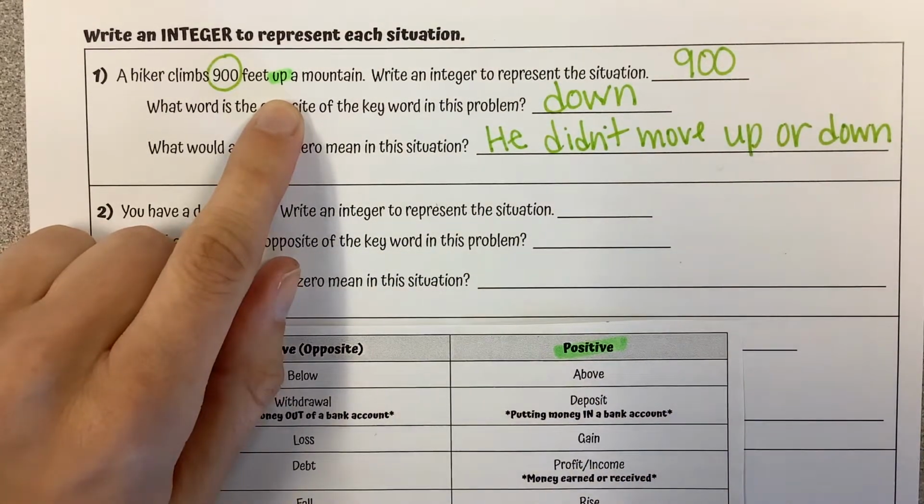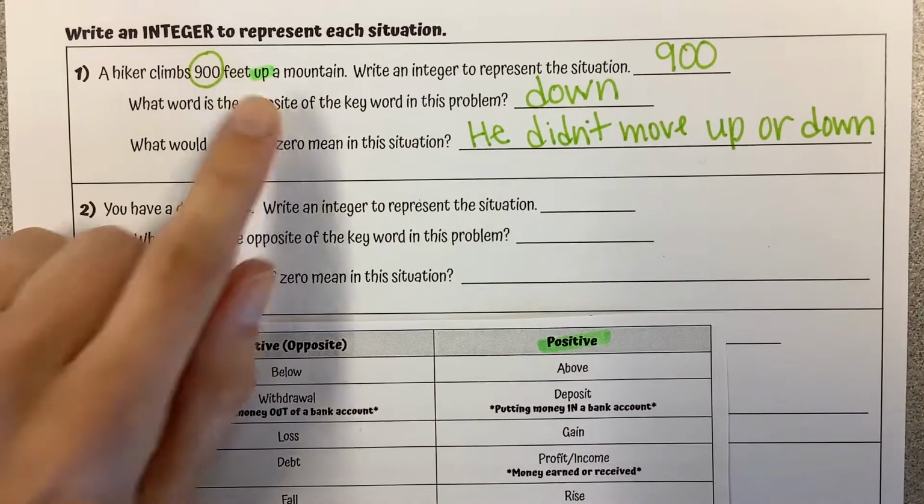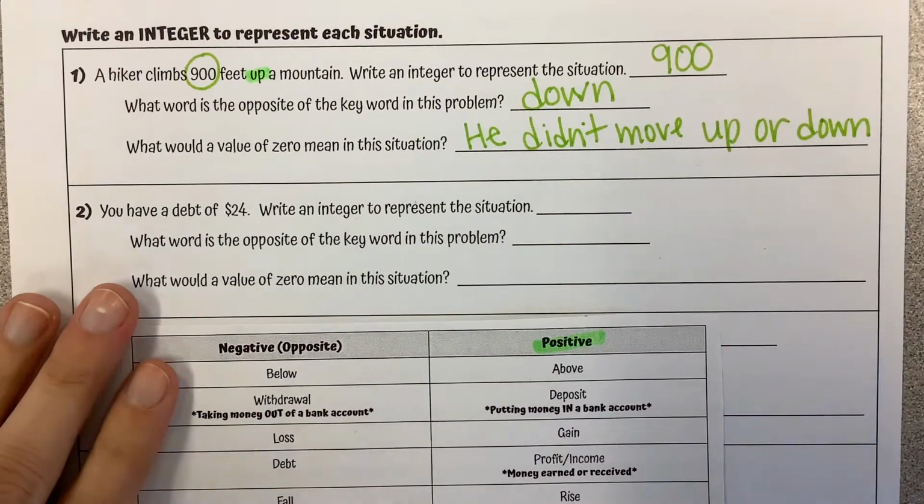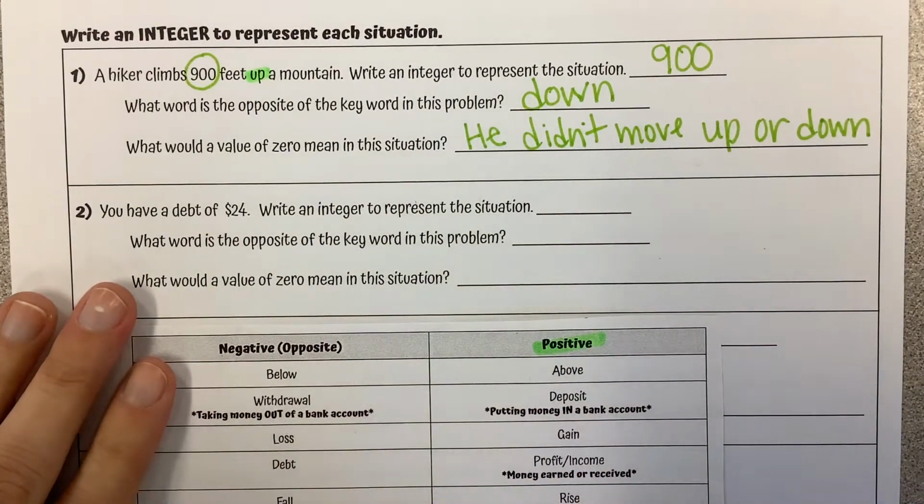That's all you have to say. I'm using my opposite words. He didn't go up or down. Or stayed in the same spot would also work.